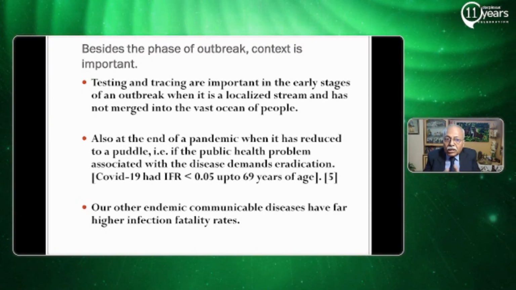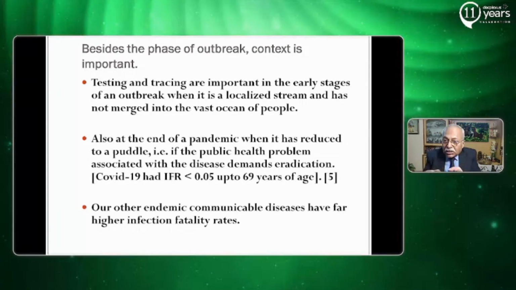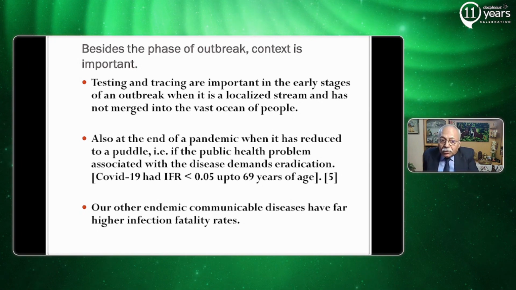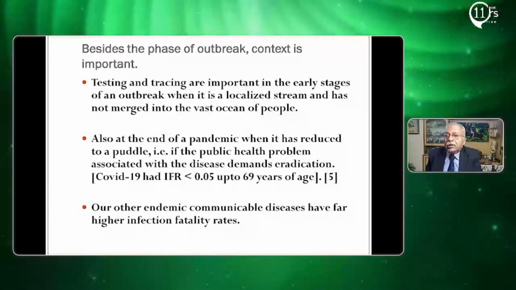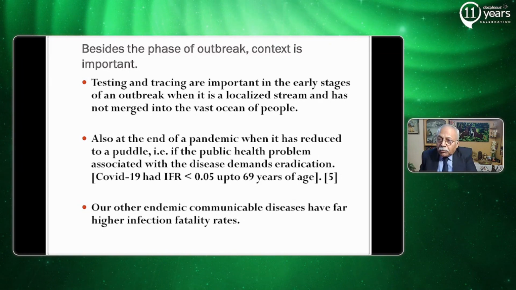Testing and tracing is important early, when it is a localized stream, and once it has merged into the ocean, and we are a huge ocean of people, at the end of the pandemic testing and tracing has no role. Again, when you are ending your journey in a car, when you want to slow down, you again come down to first gear.